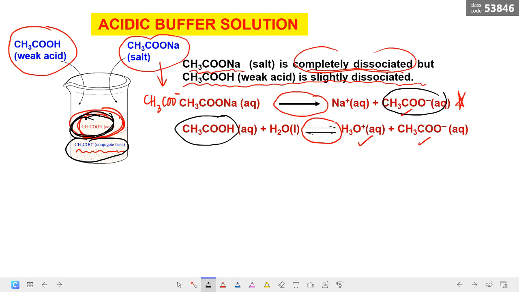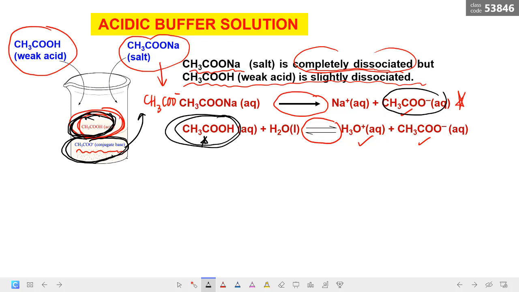Dan untuk weak acid ni mungkin ada pelajar kata, "Cikgu, bukankah ada conjugate base daripada weak acid?" You kena ingat weak acid kita ni slightly dissociate. Jadi yang jadi ion ini terlalu sedikit. So maksudnya concentration of acetic acid yang lebih banyak dalam buffer solution ini, ditambah acetate ion conjugate base ini datang daripada salt.